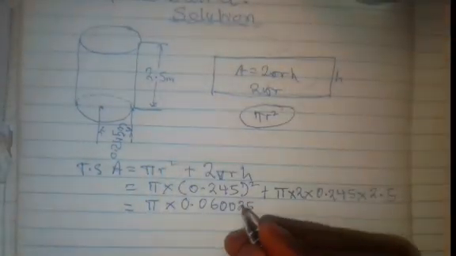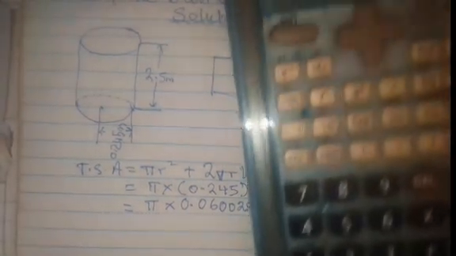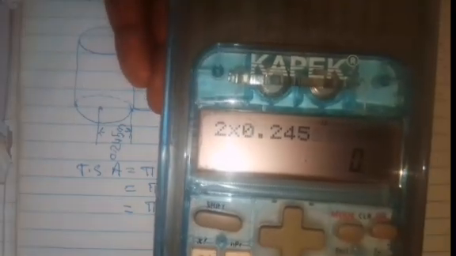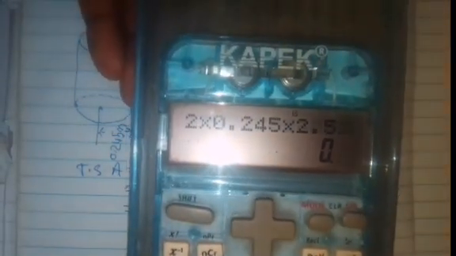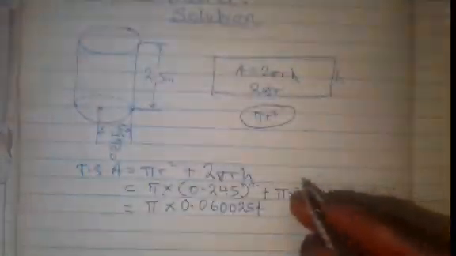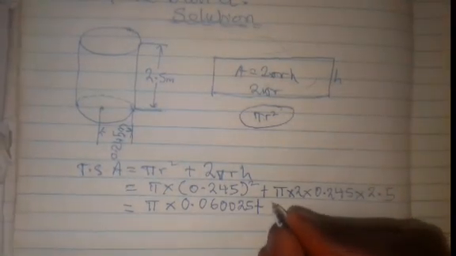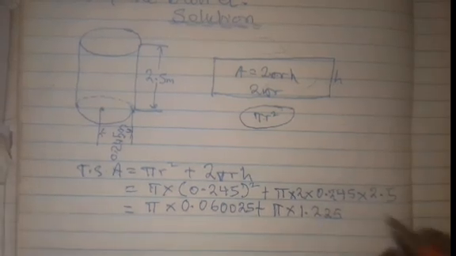Okay, then we put our plus, then here we multiply 2 times 0.245, then times 2.5. And what is the result? The result is 1.225. So we'll write it here, pi times 1.225.